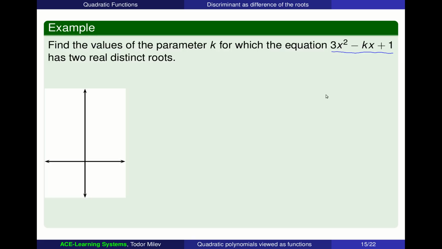So let's think about it. In this particular problem, we have not just one quadratic equation. We have many quadratic equations. Of course, you could say, well, here's what we have, 3x squared minus kx plus 1 equals 0, and that's just one quadratic equation. Yes, from a certain viewpoint, that's correct.